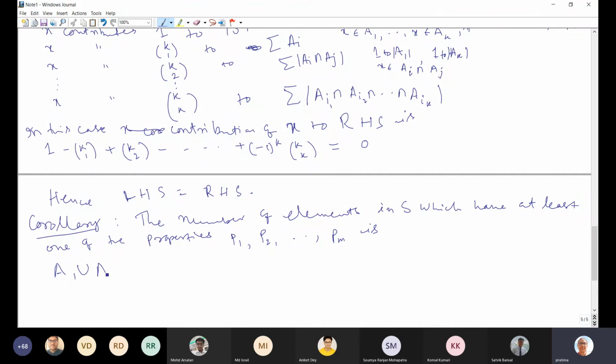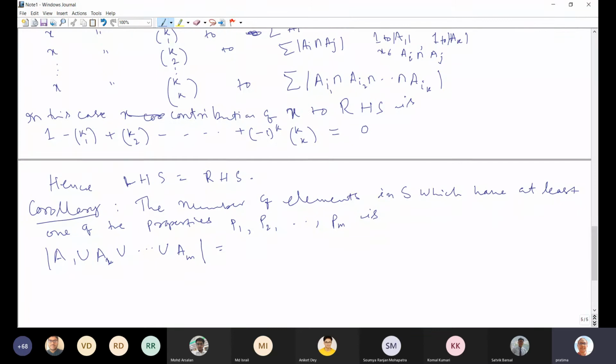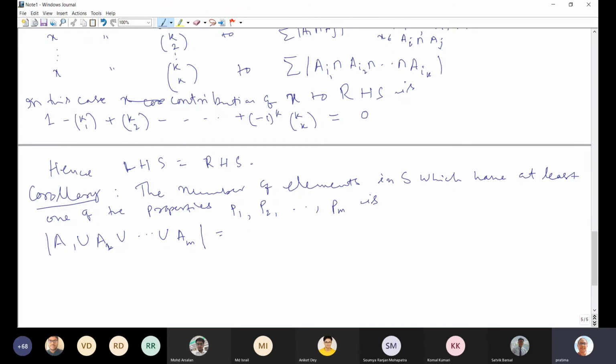The cardinality of A1 union A2 union up to Am. So elements in S which satisfy at least one property means, in set theoretic notation, the cardinality of the union of A1, A2 to Am.